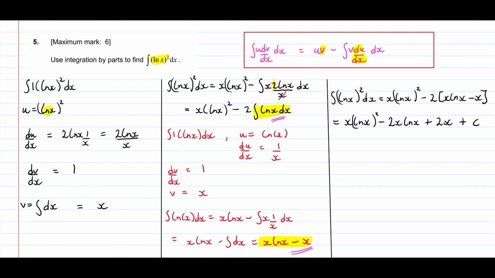Okay, so that last line, that is our final answer. So the integral of (ln x) squared is x times (ln x) squared minus 2x times ln x plus 2x plus c.